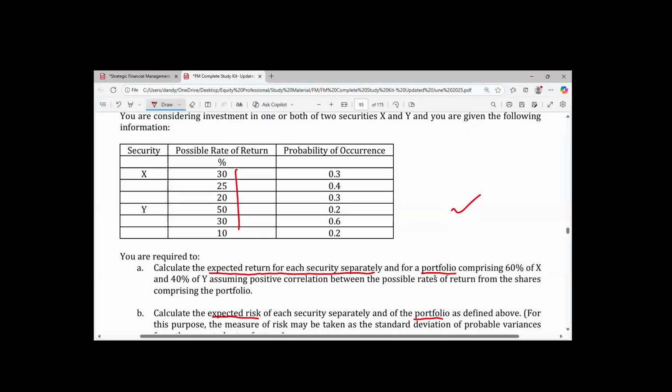If you are given a return in absolute value in Naira, you need to convert it to percentage. There's a formula that you can use. When we get to the other question, I will show you how to do that. But in this question we don't have such a thing. The return is given to us in percentage, which is good. So we want to calculate the expected return of individual security and also for the portfolio.